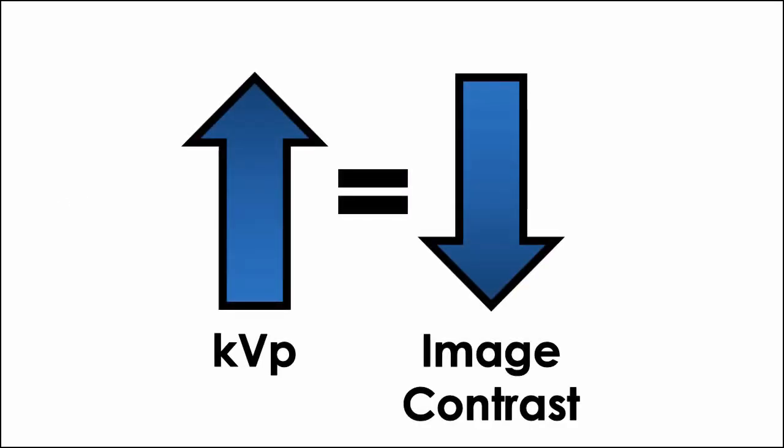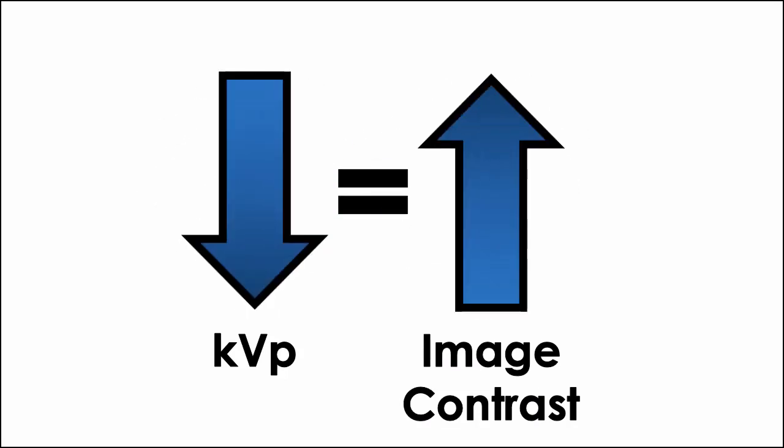Finally, kVp also has an important influence on image contrast. The reasons for this are discussed in other lessons, but the relationship we need to know is that increasing kVp actually decreases the image contrast. And of course, the reverse is also true. If we decrease the kVp, this is actually going to increase the image contrast.